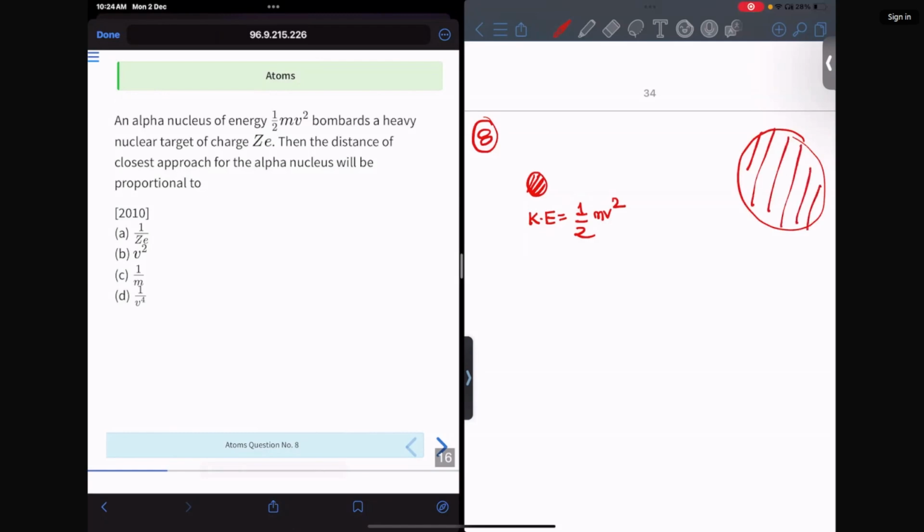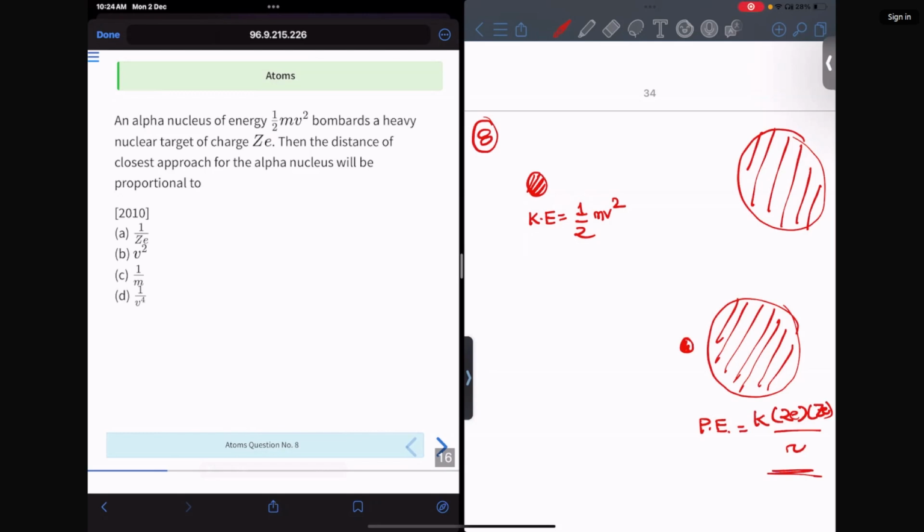Then when it bombards, it will only have potential energy. So then the potential energy will be what? K into 2e into Ze upon r.